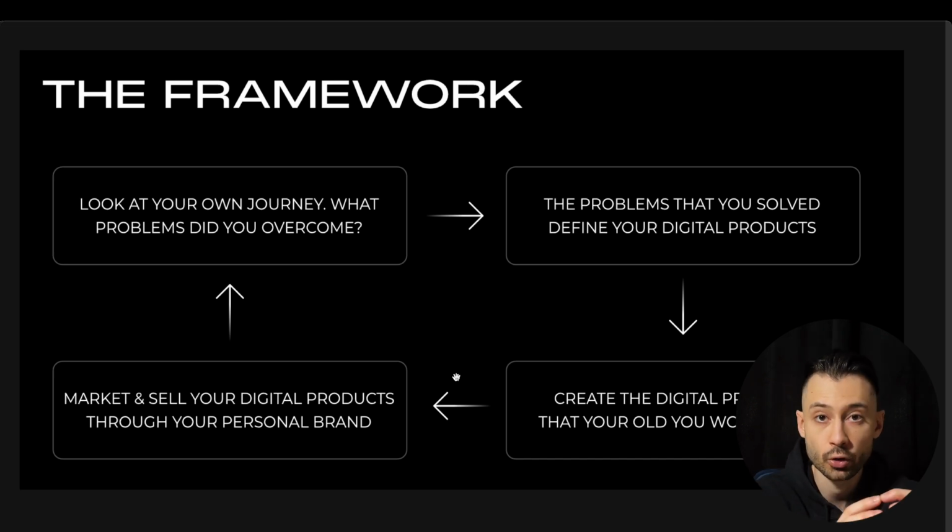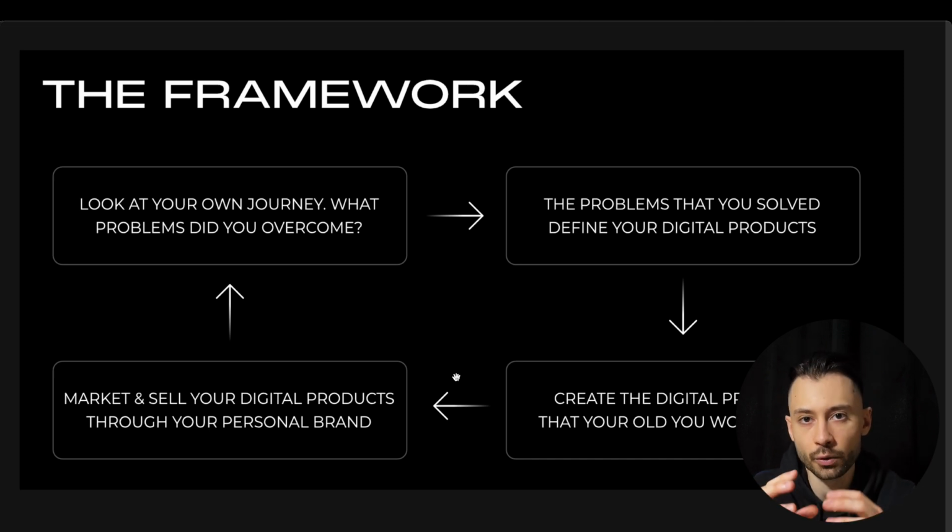No, build your audience, provide value, test the demand, and once you have a proof of concept, then you build the product based on what your audience wants. So whatever niche you're in, take a look at what your audience really needs, at the problems, test the demand, and then you're going to build the digital product based on that. A lot of people just want to sell a digital product fast.